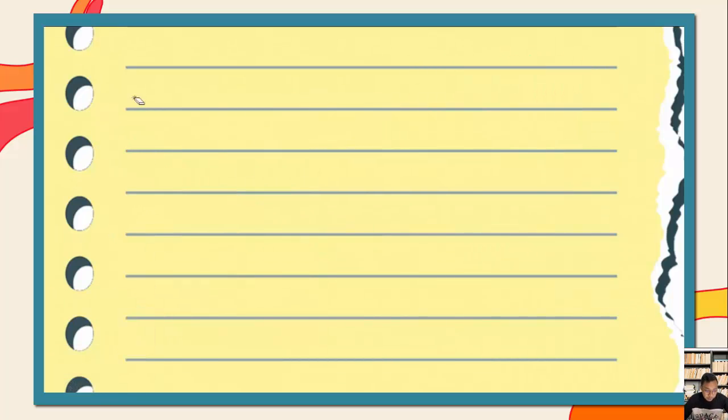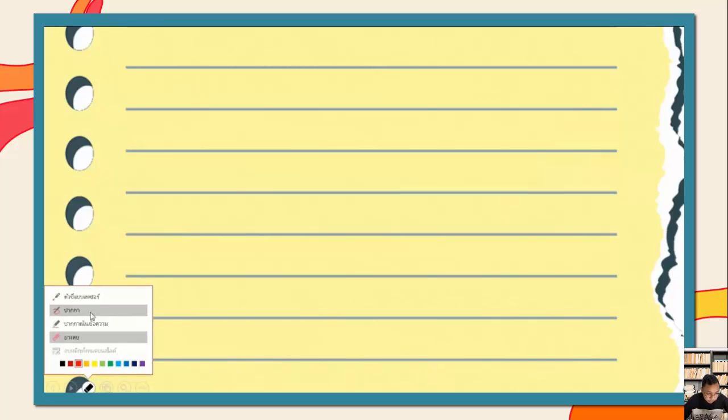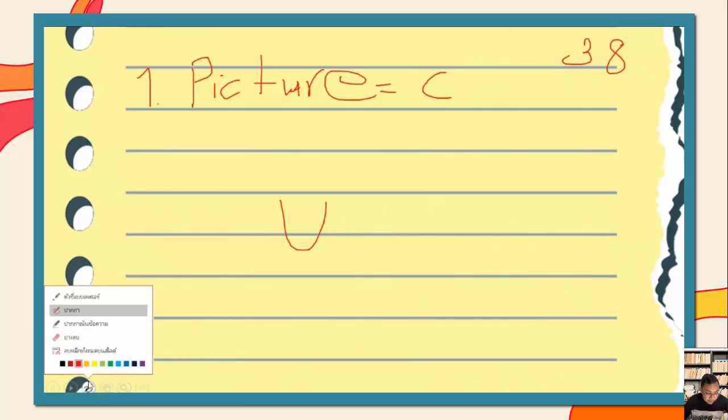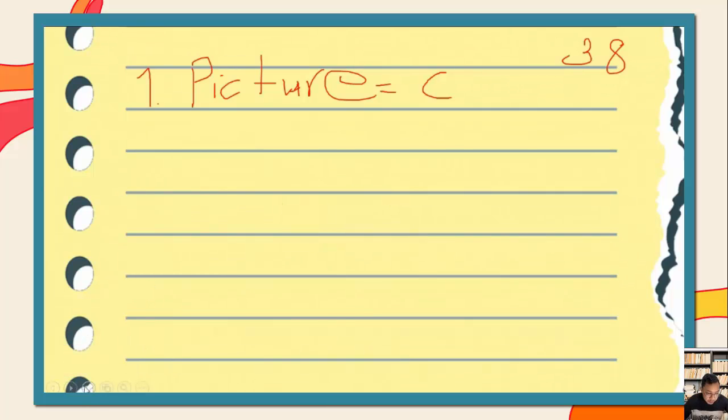Is it a countable noun or uncountable noun? นับได้หรือไม่ได้ Picture. If it is a countable noun, you just write C for countable noun and write U for uncountable noun. All right?